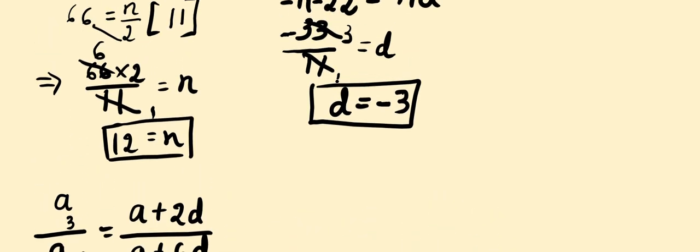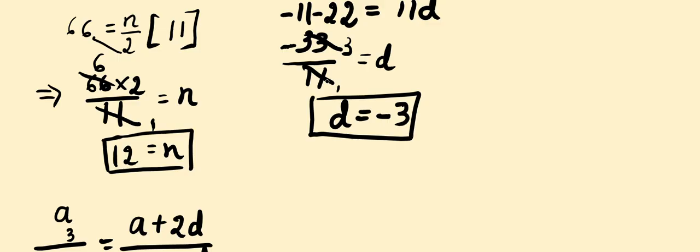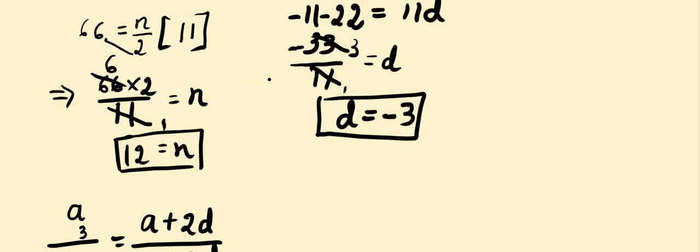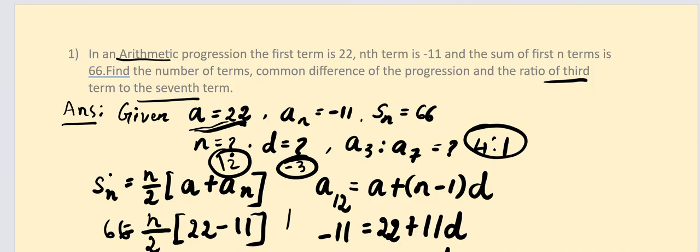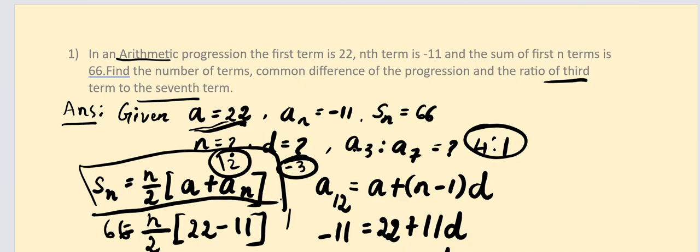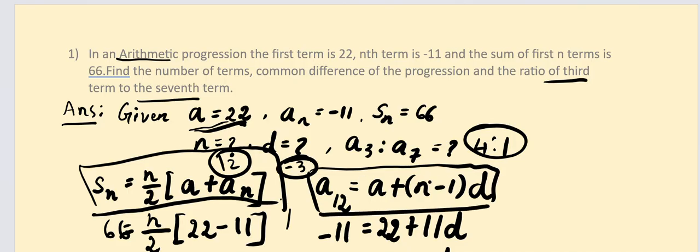Here in this, you have to remember just one thing: the sum formula and this an formula, an is equal to a plus n minus 1 into d. Okay. I hope you understood this question.